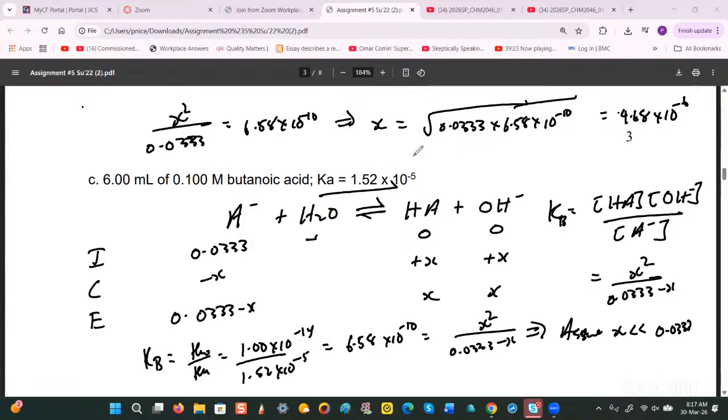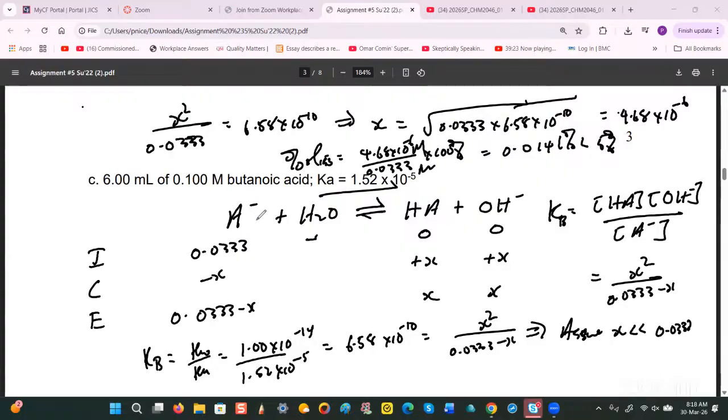And again, as always, we find the percent dissociation, which I'm quite sure in this case is going to be less than 5%. 4.68 times 10 to the minus 6 divided by 0.0333 times 100%. This gives 0.0141%, obviously less than 5%.